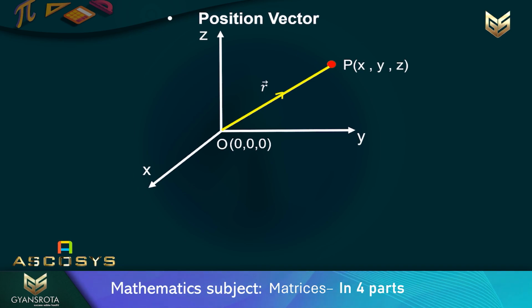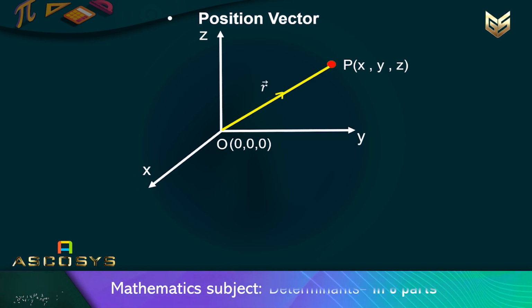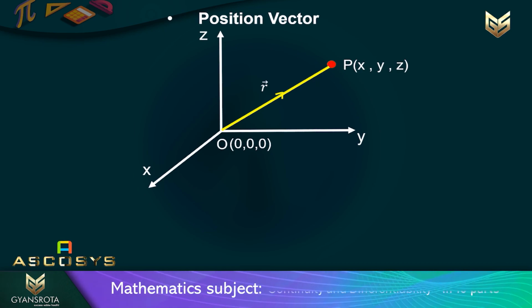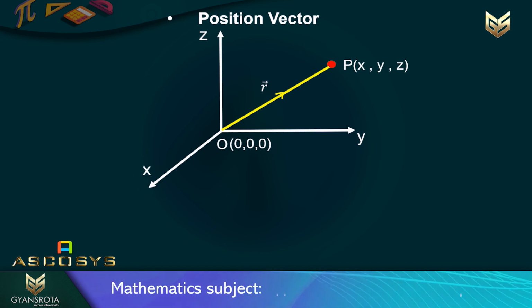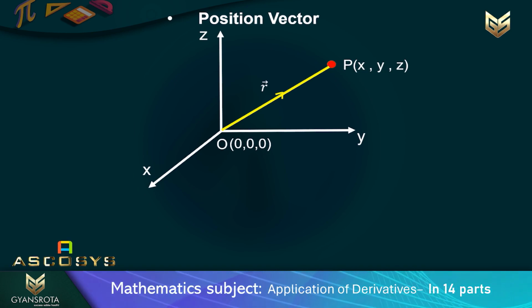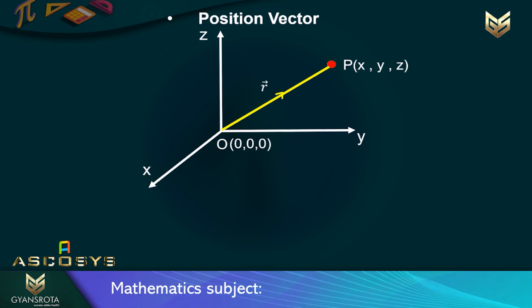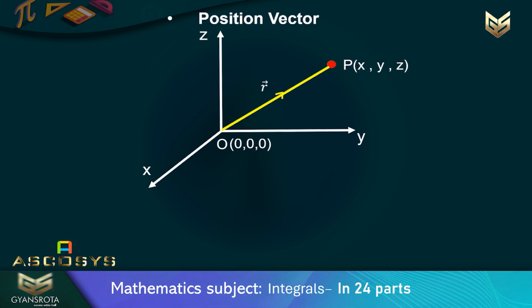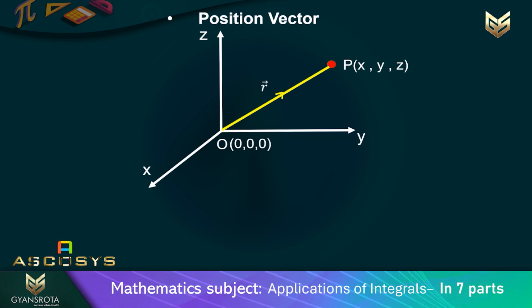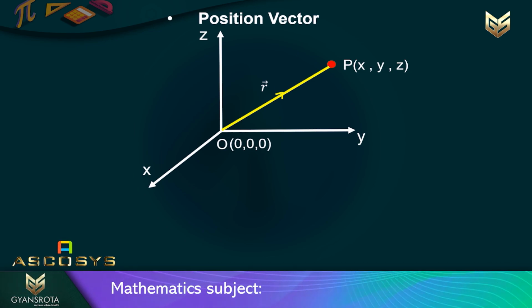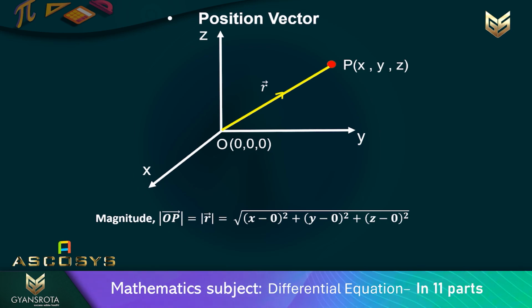We are going to use the distance formula that you have already studied in your class 11. What is the distance formula? It is root over (x2 minus x1) whole square plus (y2 minus y1) whole square plus (z2 minus z1) whole square. So this distance formula can be applied in this situation and we can find the magnitude of the vector, or you can also say the length of the vector OP.